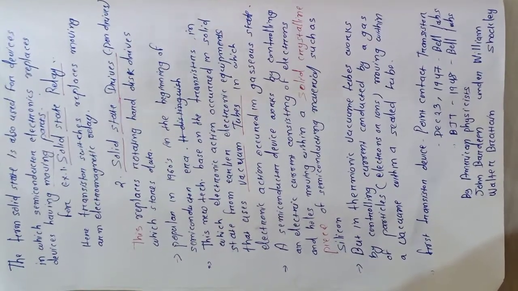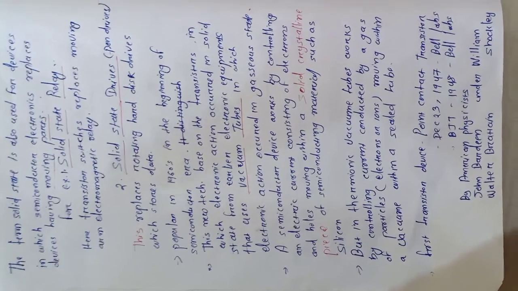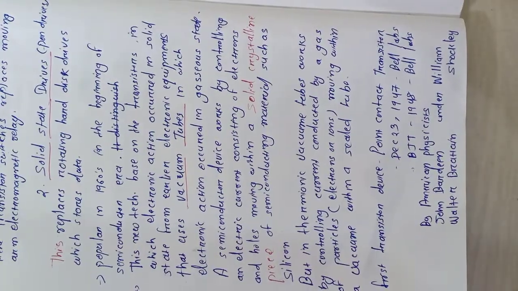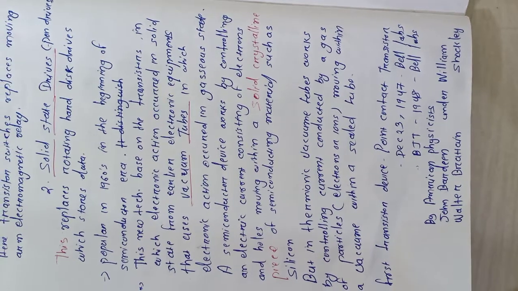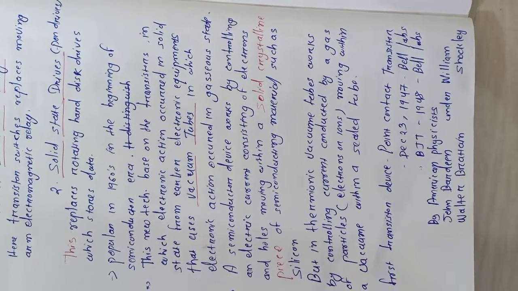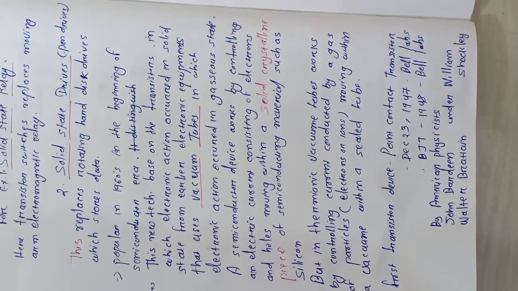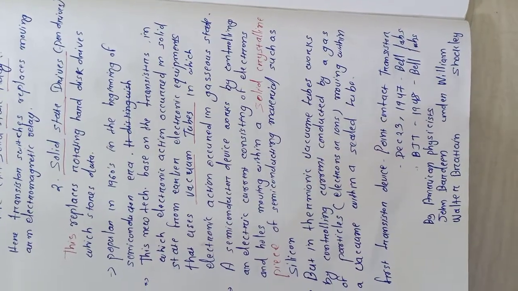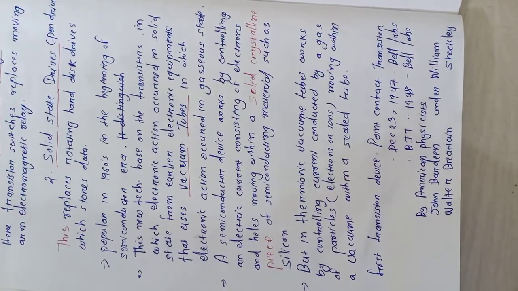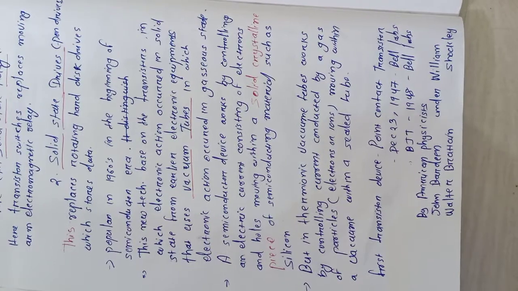But in case of solid state, the electronic action takes place inside a solid. So the semiconductor device works by controlling an electric current which constitutes electrons and holes moving within a solid crystalline piece of semiconducting material such as silicon. So a semiconductor device works in that way.